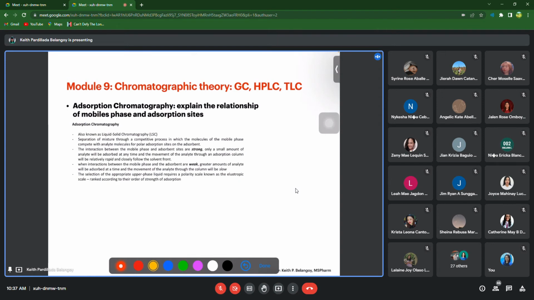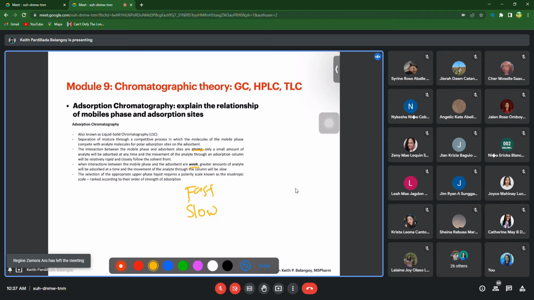See adsorption chromatography. Their interaction is strong and weak, it is in your module. And this group tried to simplify it for you. So, there is what is called slow movement and what is called fast movement depending on the attraction present. Okay? That's it for adsorption chromatography. Thank you, Lipitan, Manatad, Lucero, and Largo.